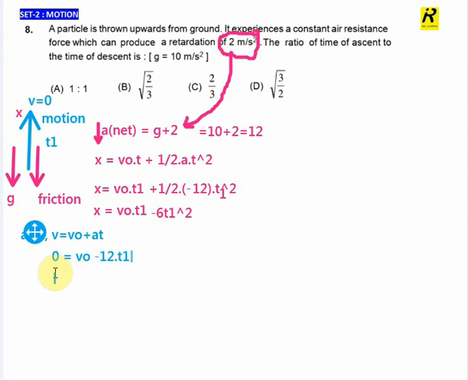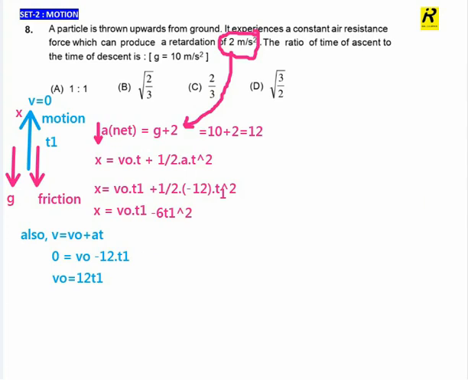Otherwise, I write v0 equals 12 T1. So using this condition, v0 equals 12 T1 here. So using that one, in place of v0 I use 12 T1.